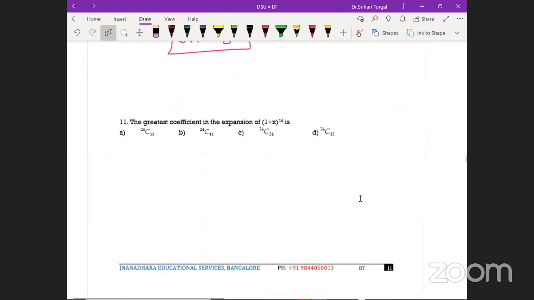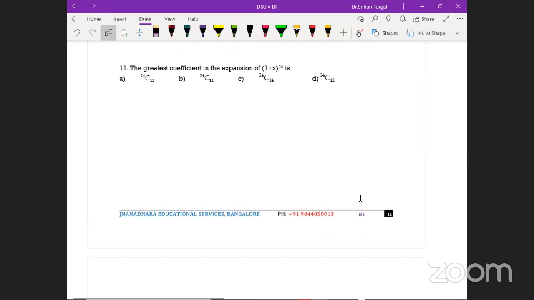Question number 11. The greatest coefficient in the expansion of (1 + x)^n. Always, for the term (1 + x) whole power n, the greatest coefficient will be in the middle term.